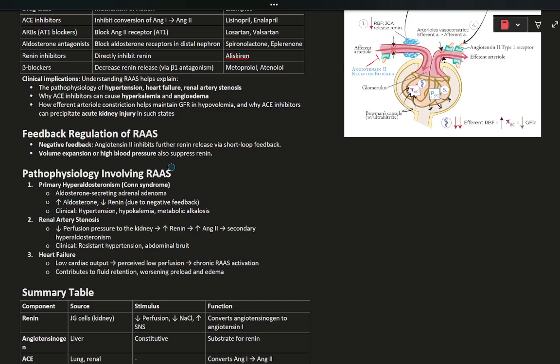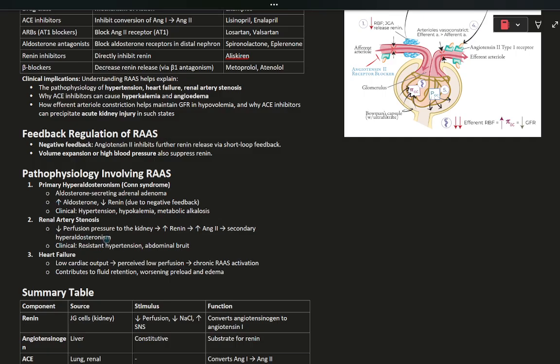Another pathophysiology pertinent to RAAS is renal artery stenosis. In renal artery stenosis, this typically involves decreased perfusion pressure to the kidney, which is obviously going to trigger further increase of renin, which leads to increased production of angiotensin II, thereby leading to secondary hyperaldosteronism. It is secondary hyperaldosteronism rather than primary hyperaldosteronism because the cause of this hyperaldosteronism is attributed to something other than the very source of the aldosterone.